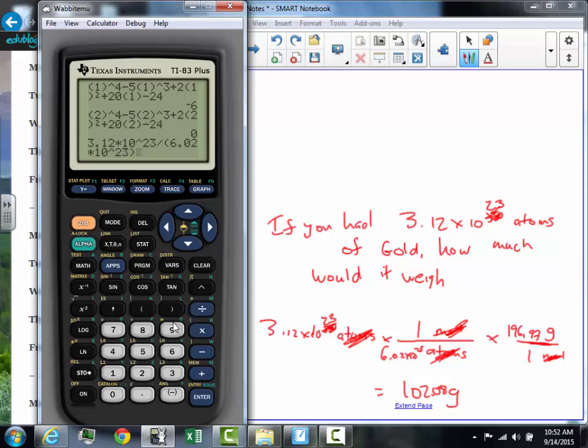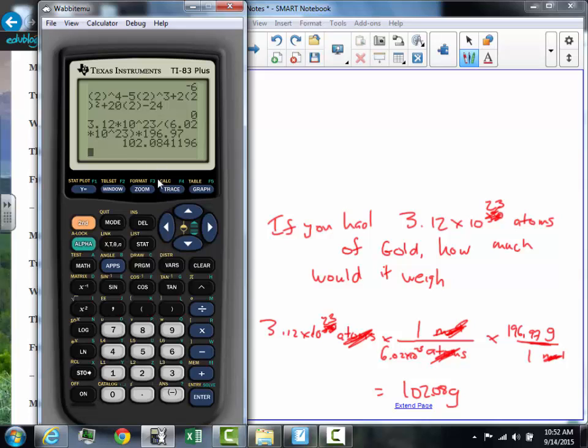Put that whole bottom part of the fraction in brackets, because otherwise what your calculator thinks to do is it divides by 6.02, but then it times is by 10 to the 23. We want to divide by the whole number. And then lastly times by 196.97. I'm guessing you didn't get 102.08 then? I got 102. Okay.